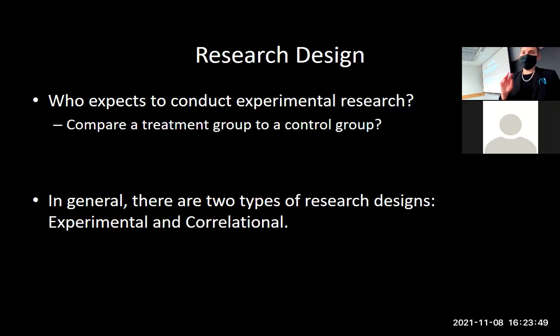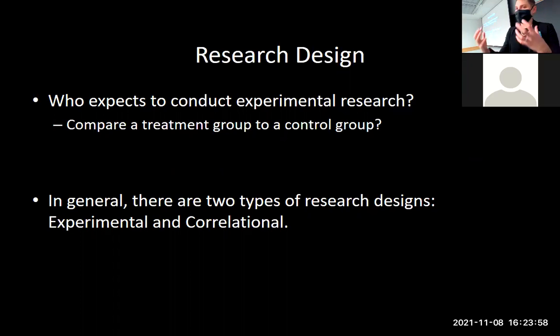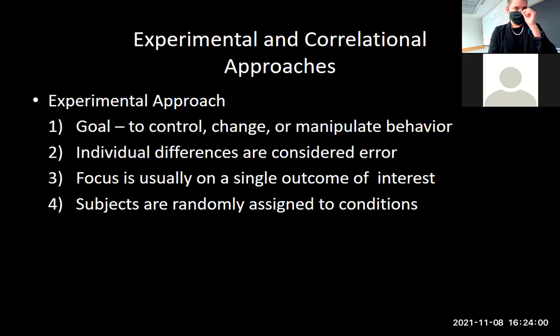So in general, there's two types of research designs. We have correlational research designs and we have experimental research designs. There are actually a lot more than that, but those are the two basic frameworks. So what's an experimental approach to research design? Well, the goal in an experimental research design is to control or change or manipulate behavior in some way.